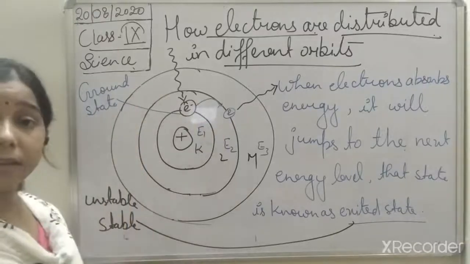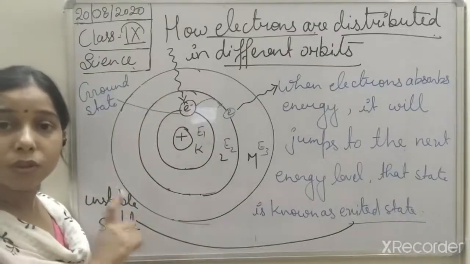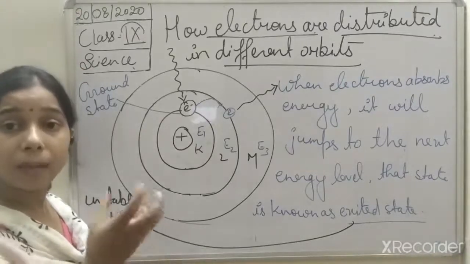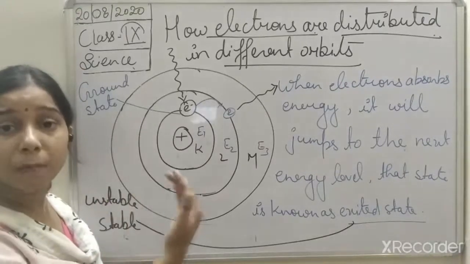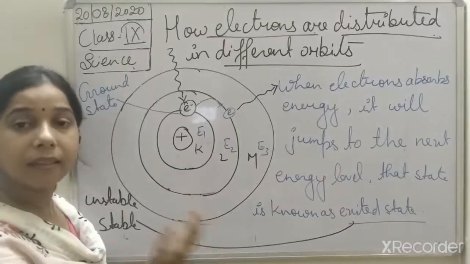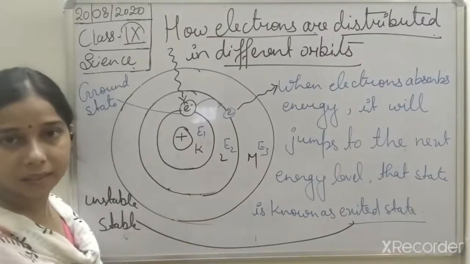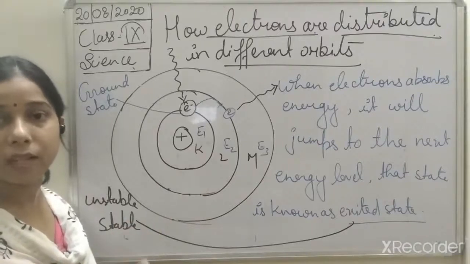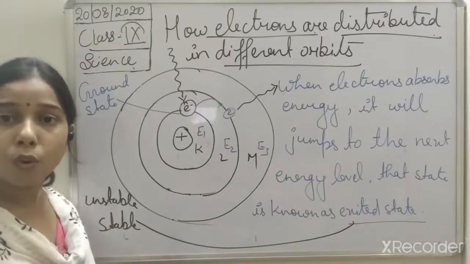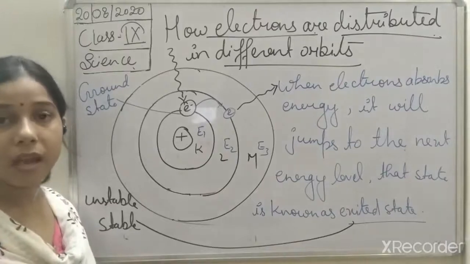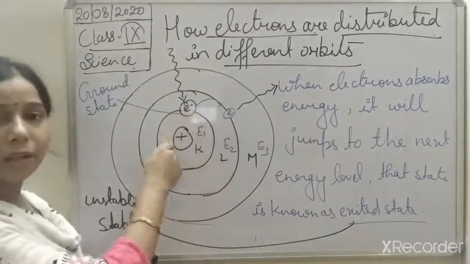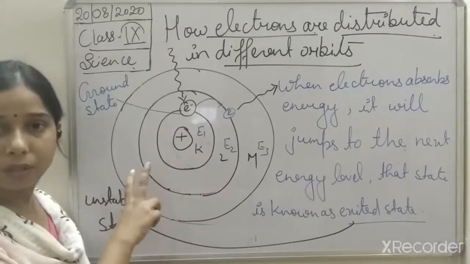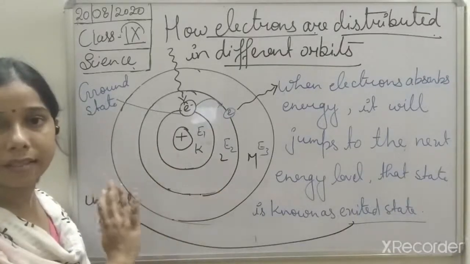So the state in which the electrons normally revolve is the ground state, and when it absorbs energy and jumps to a higher level, that state is the excited state. No electron will stay in the excited state for a long period, so it will lose its energy and finally jump back to its ground state, or to its original orbit, from where it jumped to the excited level.